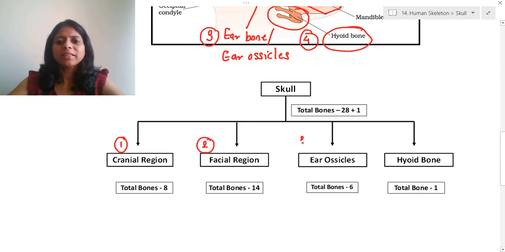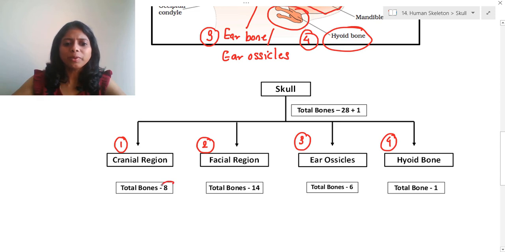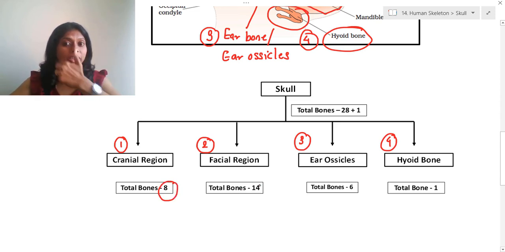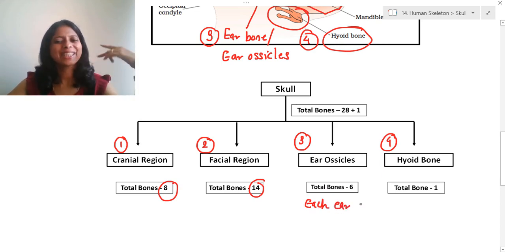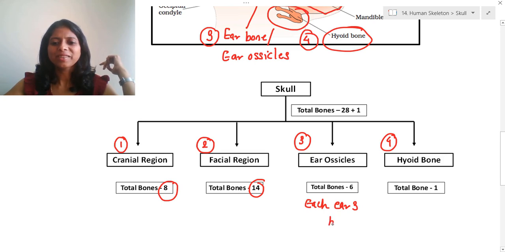The third one is the ear ossicles, and the fourth one is the hyoid bone. There are totally 8 bones included in the cranium region. The facial region has 14 bones. There are 6 bones in the ears. Each ear contains 3 bones, so we have 2 ears, 6 bones.